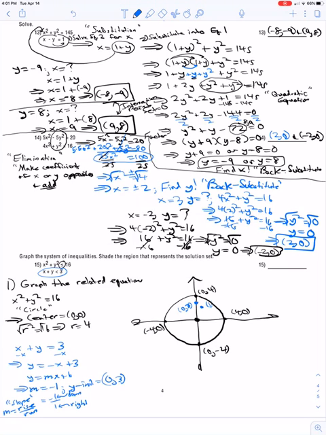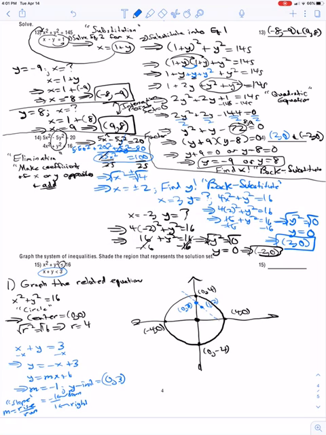So I'll plot the point (1, 2). I keep going down 1, right 1: down 1 would be at (1, 1), right 1 would be at (2, 1), and we could keep moving, or (3, 0) I should say, moving over on that graph. And I'm going to plot in that line.